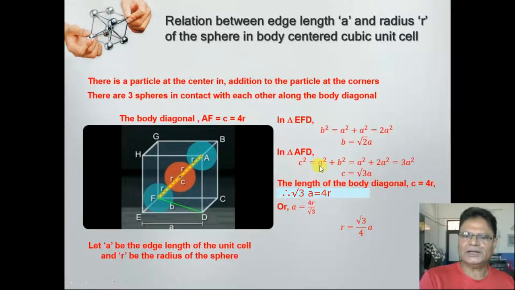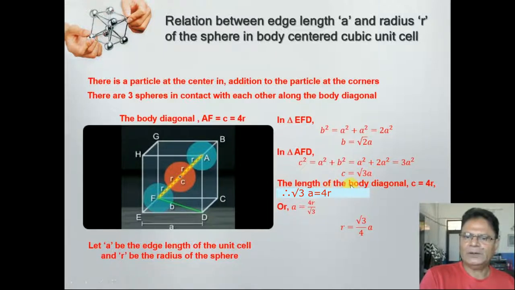So c square is equal to a square plus b square, and we know that b is equal to under root 2 a. So b square is equal to 2a square, which we put here. c square is equal to 2a square plus a square, total 3a square. Therefore c is equal to under root 3 a.